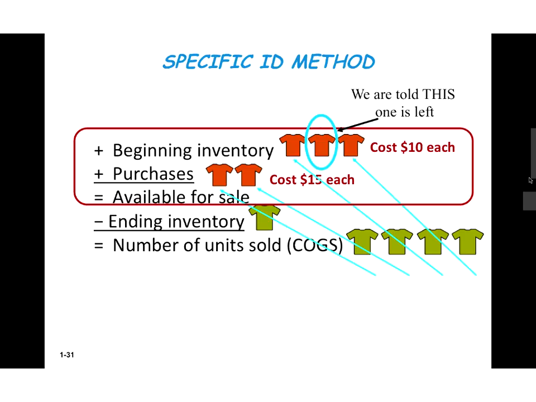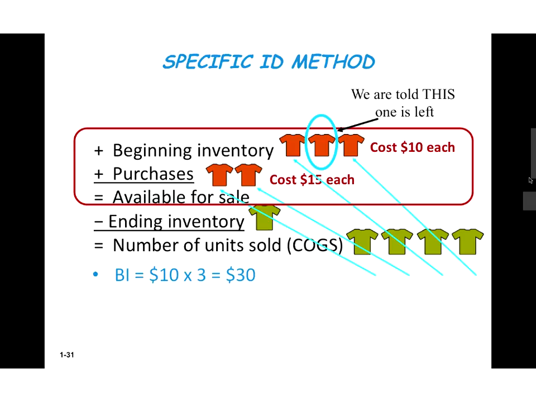So for our t-shirt example here, we are told that that 1 unit from beginning inventory is the one that's left. Okay? So someone tells us we have inventory tags. We know exactly what unit is left. Okay? So we know that with that beginning inventory one that's left is $10.